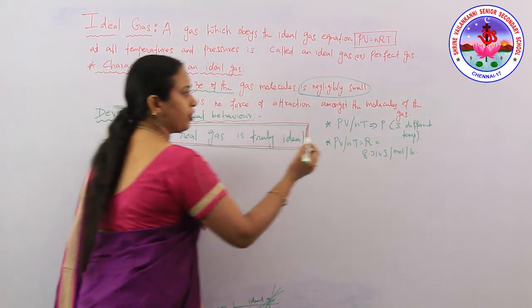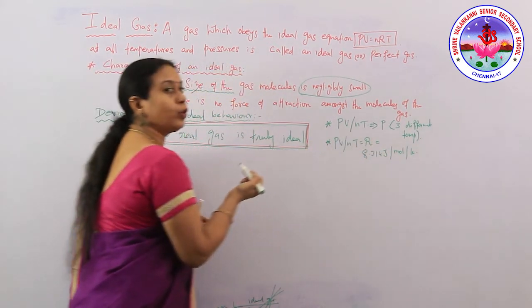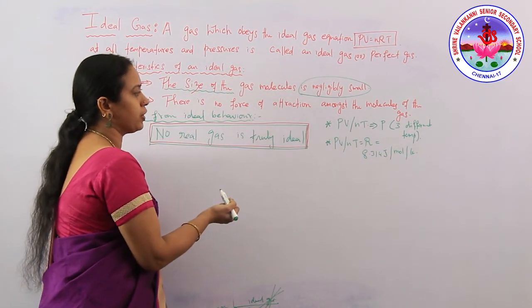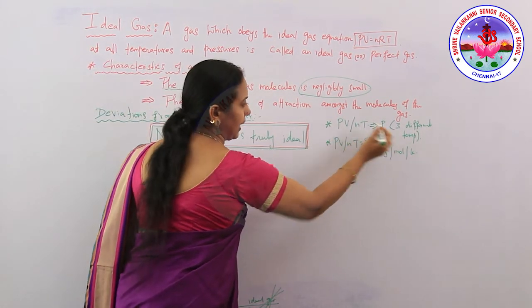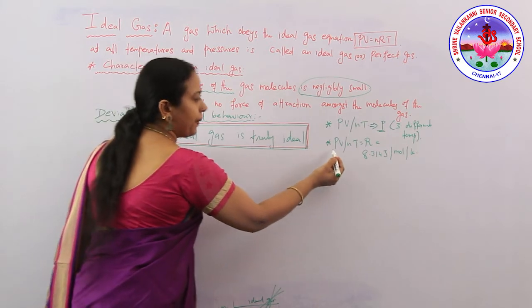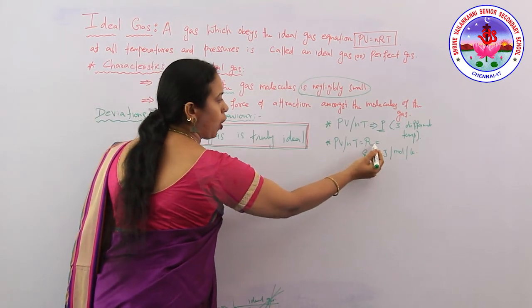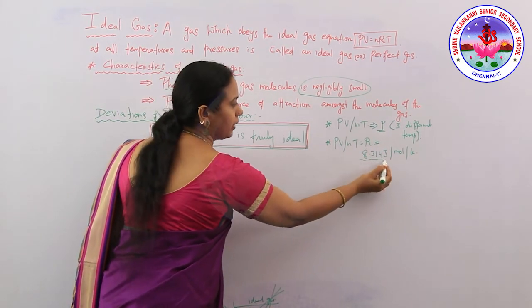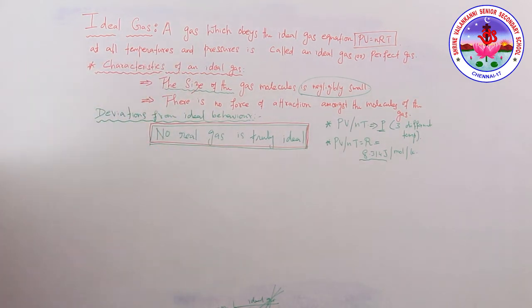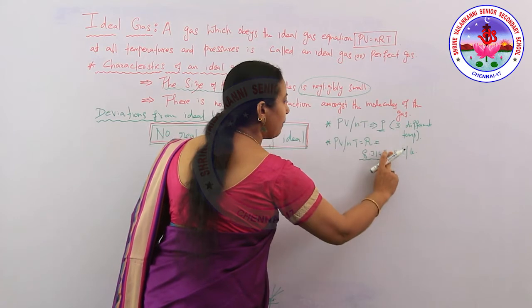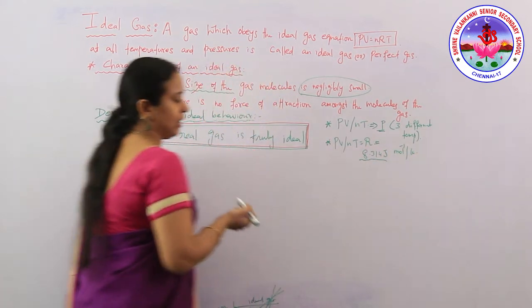It has three different temperatures. We can show this through a graphical representation: PV by nT, which is equal to R. The value is 8.314 joule mole power minus 1 per Kelvin.